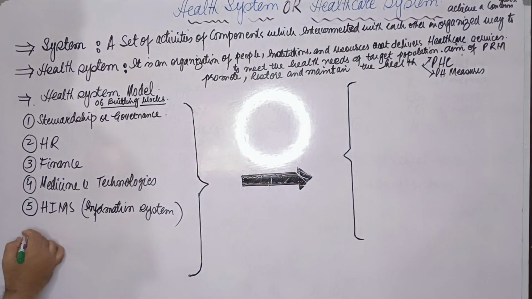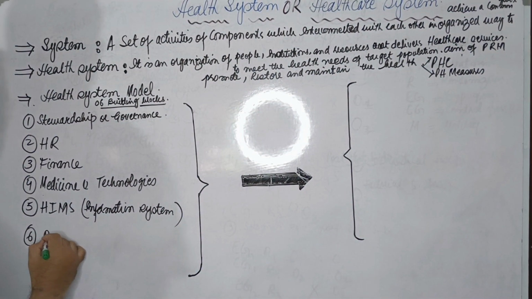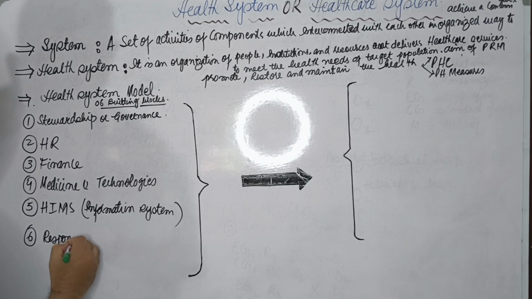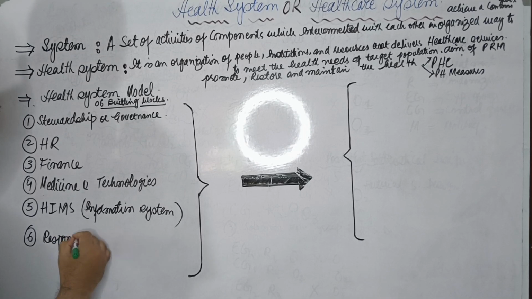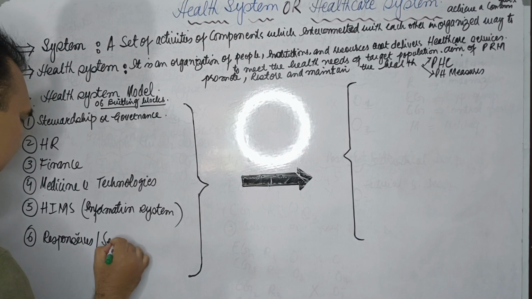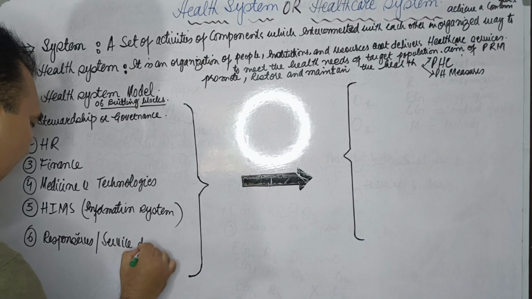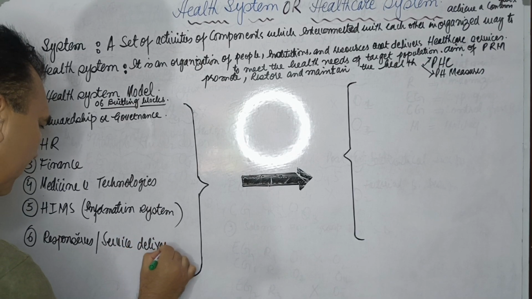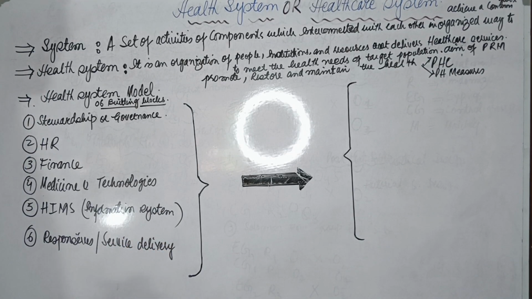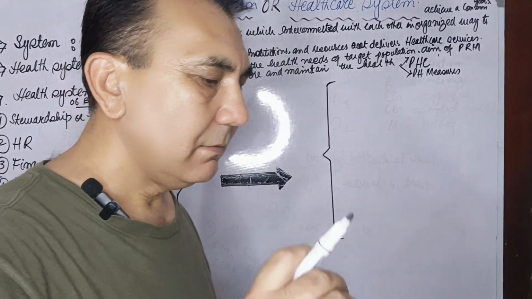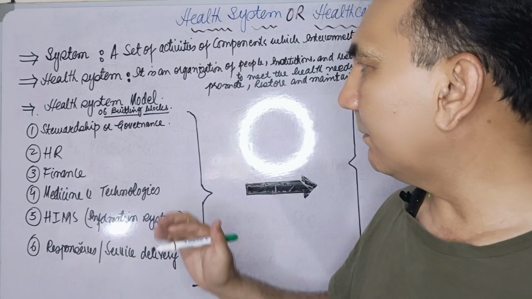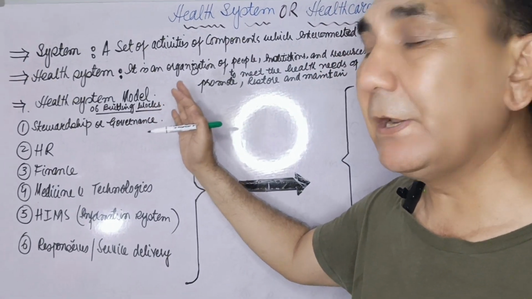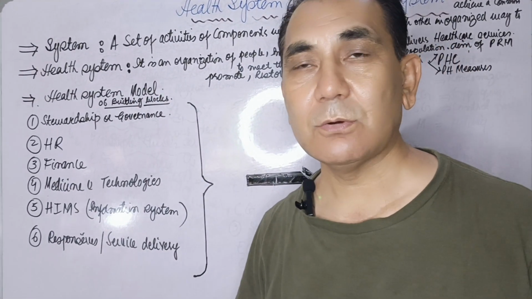And the last is responsiveness, or you can say service delivery. Service delivery is again a main building block of the health system model.